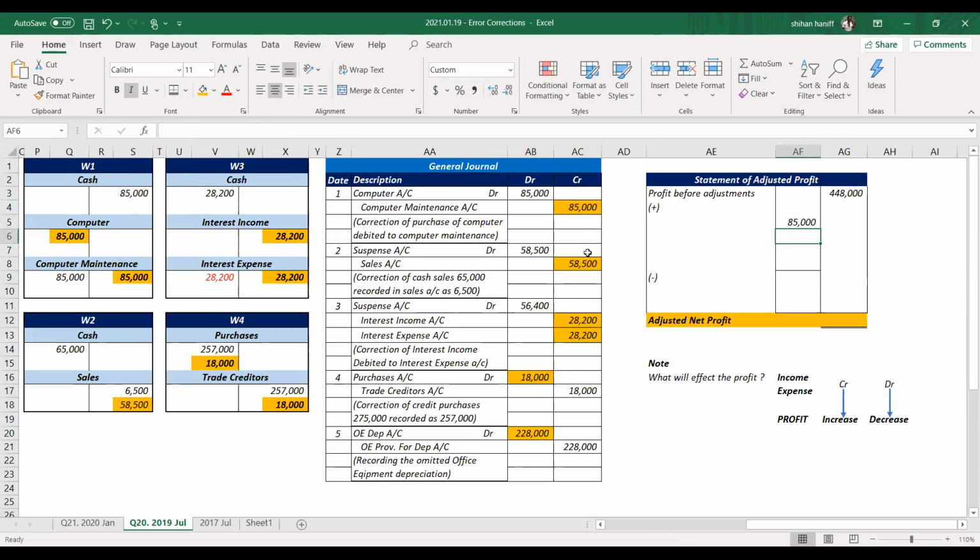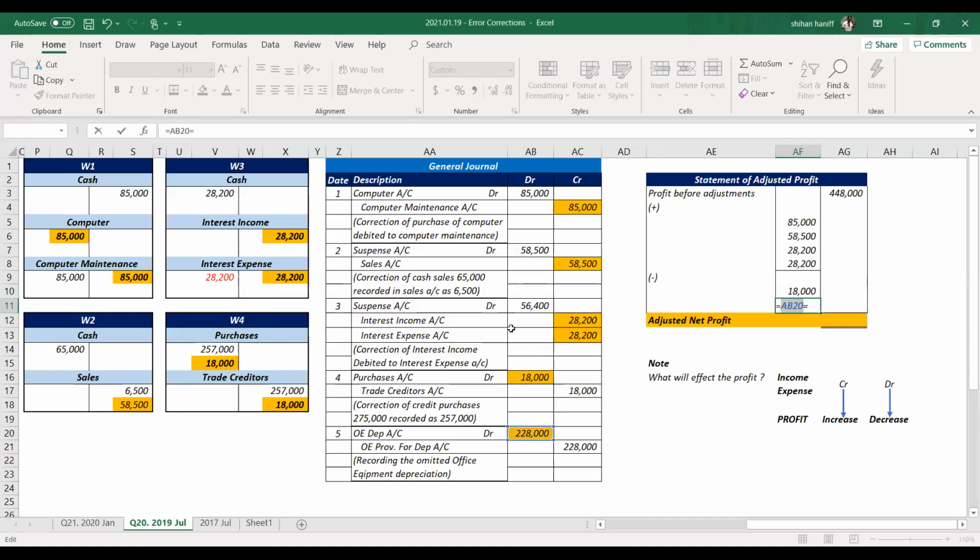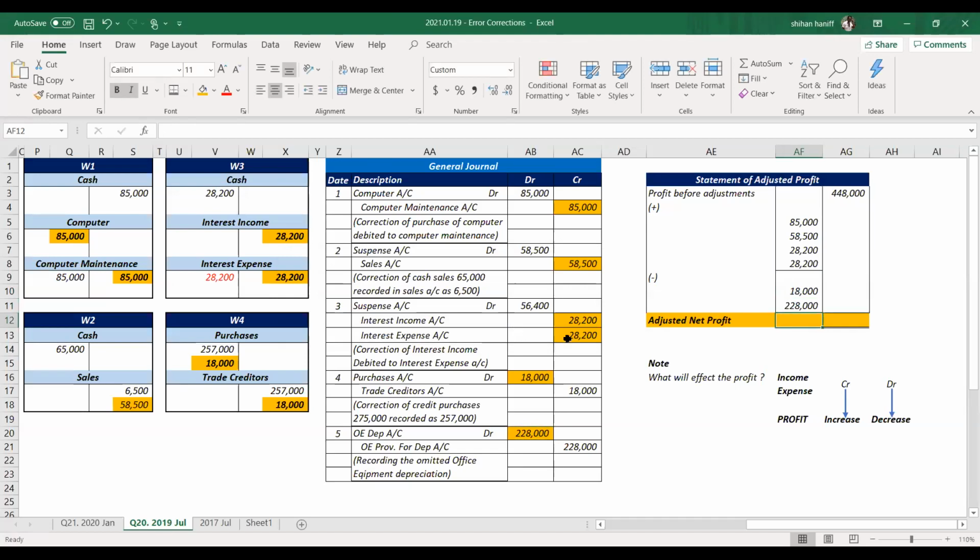We add 85,000, 58,000, 28,200, 28,200. And if it is debit, 18,000, 228 minus. That's it.